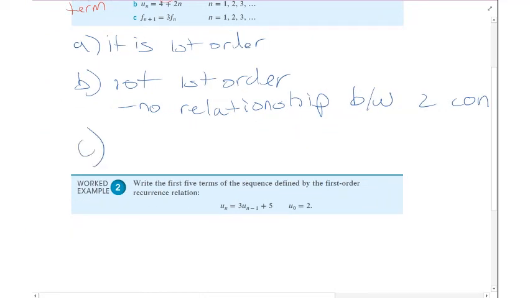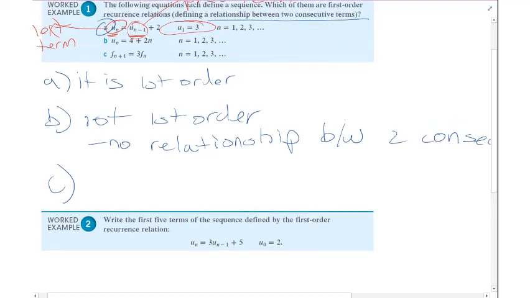And C, it says fn plus 1 equals 3fn. So you've got your two consecutive terms. You've got your fn plus 1 and the fn there. So the fn here would be your previous, and this would be your next.